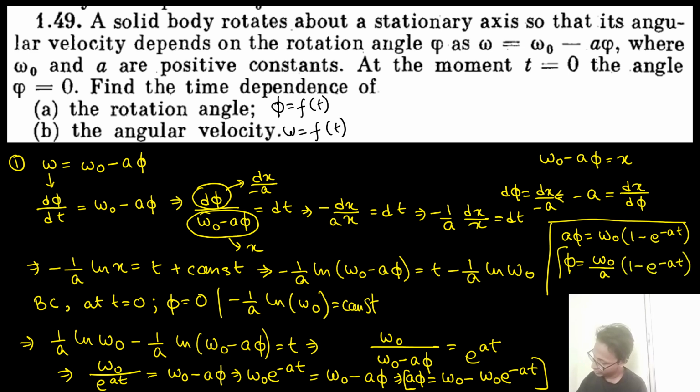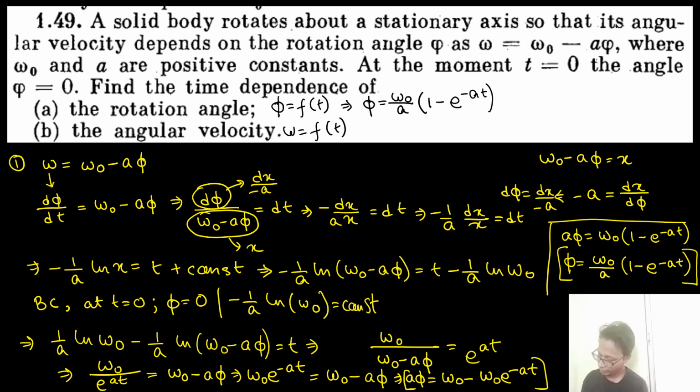So this equation is the function of angular displacement as a parameter of time: omega naught by a (1 minus e to the power minus a into t).